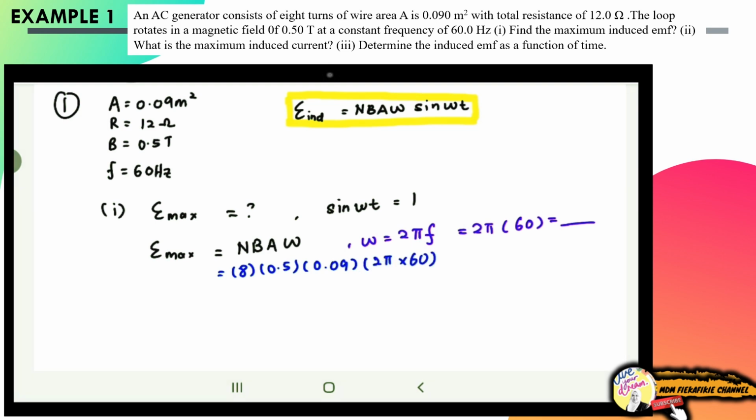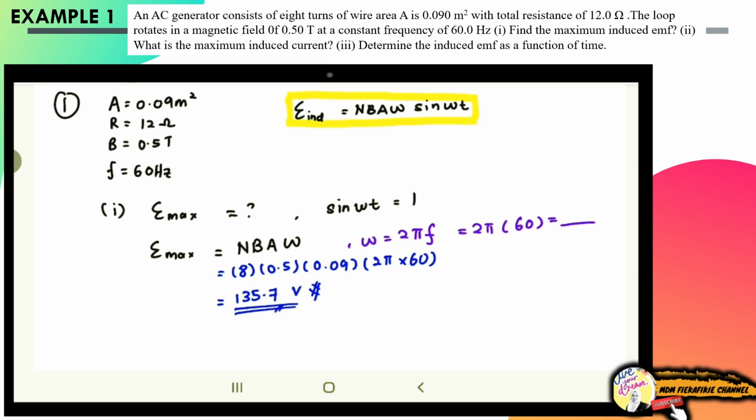So I just substitute omega as 2 pi f in this equation. I don't calculate separately. Therefore the answer is equal to 135.7 volt. So this is my answer.